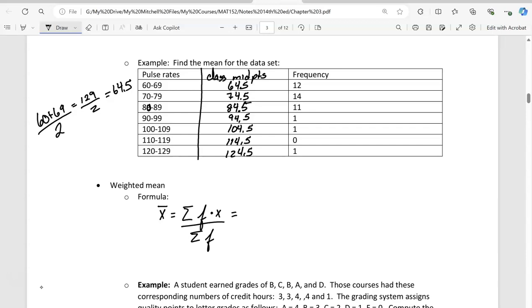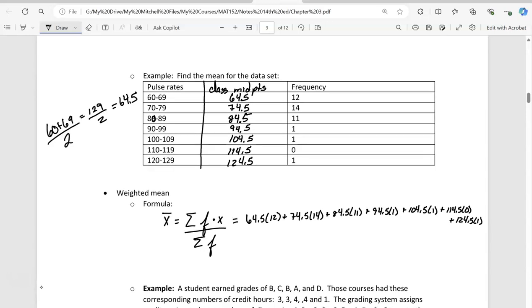So let's look at our formula and apply it. It's going to be midpoint times the frequency plus midpoint times the frequency, and we're going to do that for all of them. So there's my numerator.